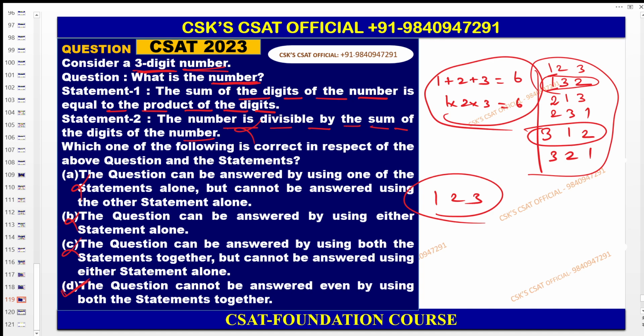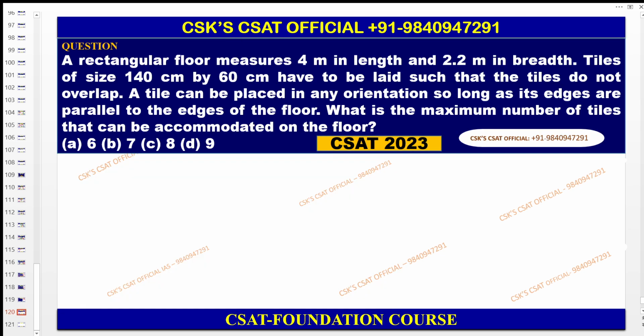Now I'm moving to the last question. Very good question. Nothing else is required, only some conversion and some of your analytical skill to solve this question. A rectangular floor measures 4 meters in length and 2.2 meters in breadth.